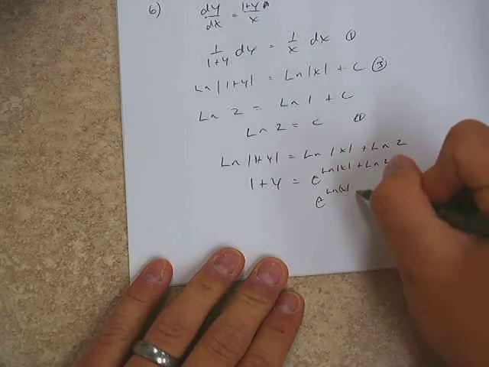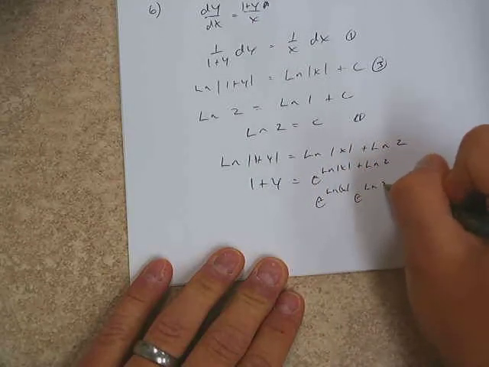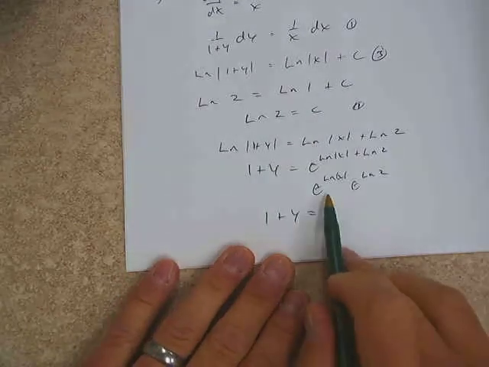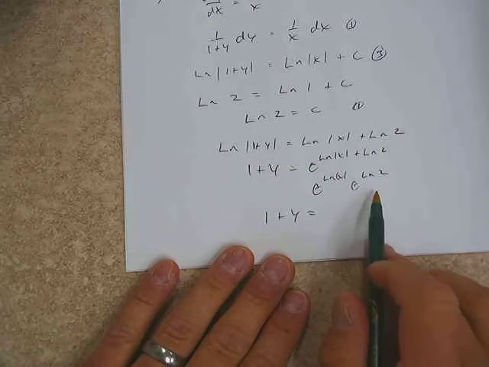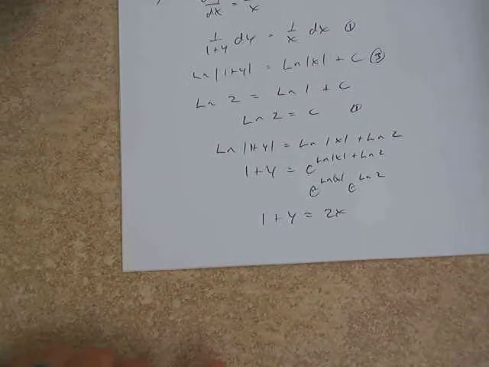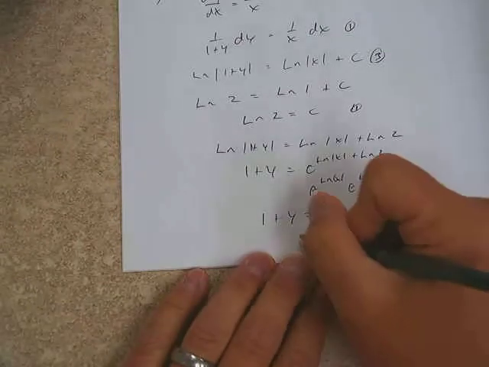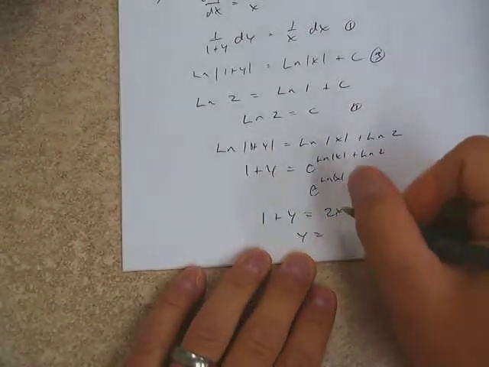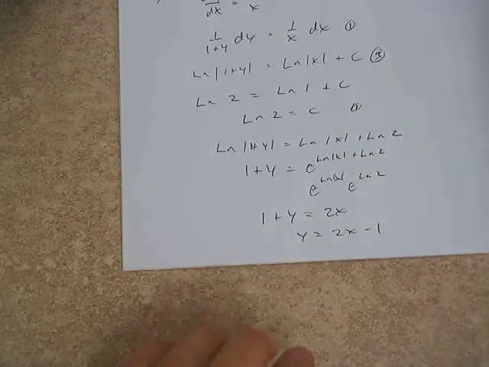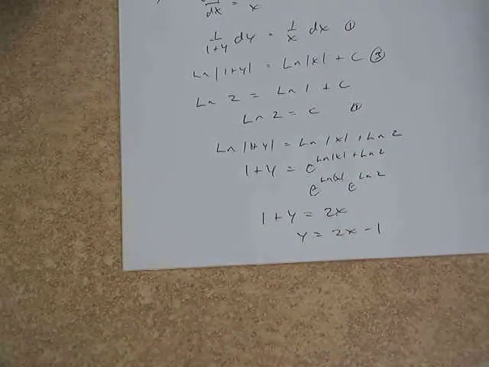Alright, and then the other point is to solve this for y. So we got natural log of 1 plus y, absolute value, equals natural log of x plus natural log of 2. Alright, and if we compose both sides with e, we're going to get 1 plus y over here, and e to the ln x plus ln 2.